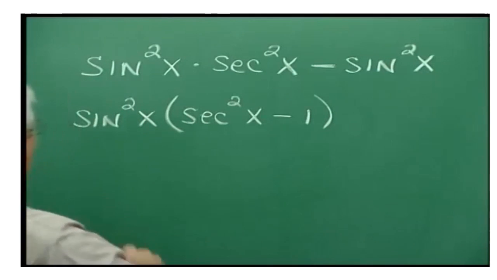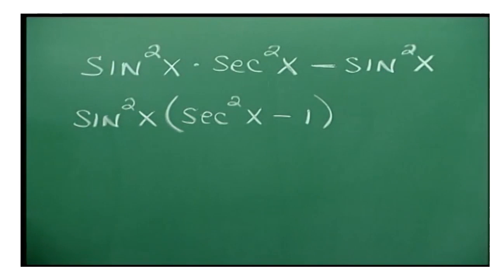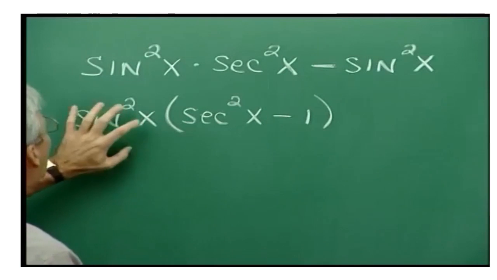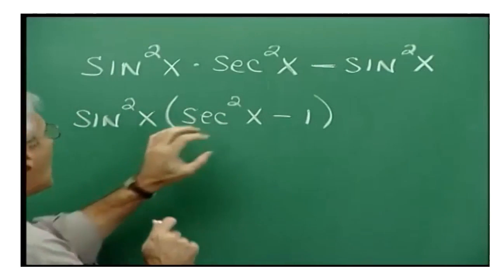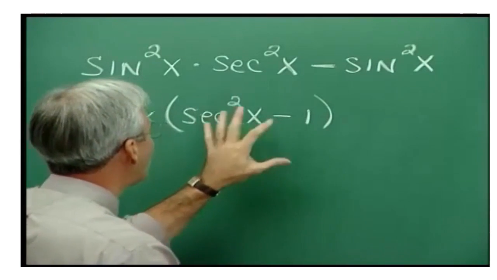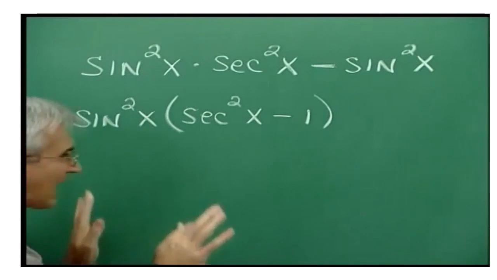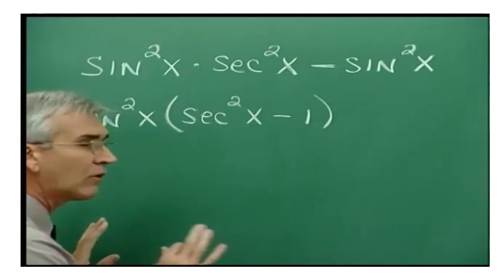Now how can we simplify from here? I could try to rewrite this in some other way, but no, I want to look over here. Secant squared x minus 1 looks vaguely familiar. It might be related to one of the Pythagorean identities.